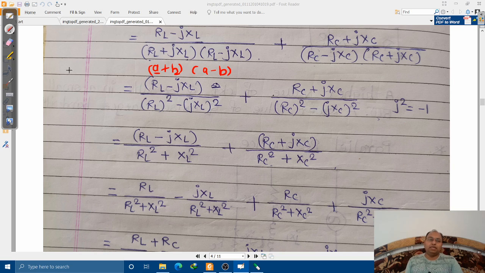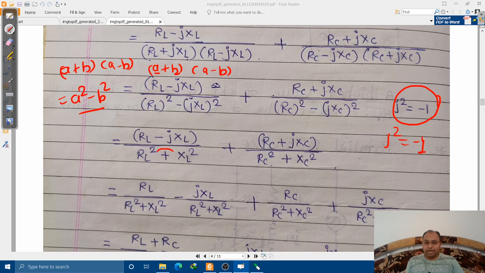Remember that whenever such a multiplication is there, its result is going to be a square minus b square. Again over here, don't forget what j square is. j is the imaginary term, and j square is nothing but minus 1. So wherever j square comes, you have to insert it as minus 1. Over here j square was there and it has been replaced by minus 1, so this minus sign has become plus.